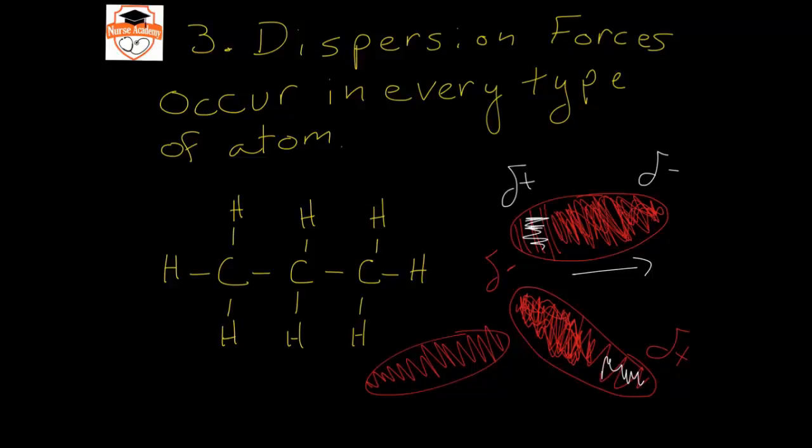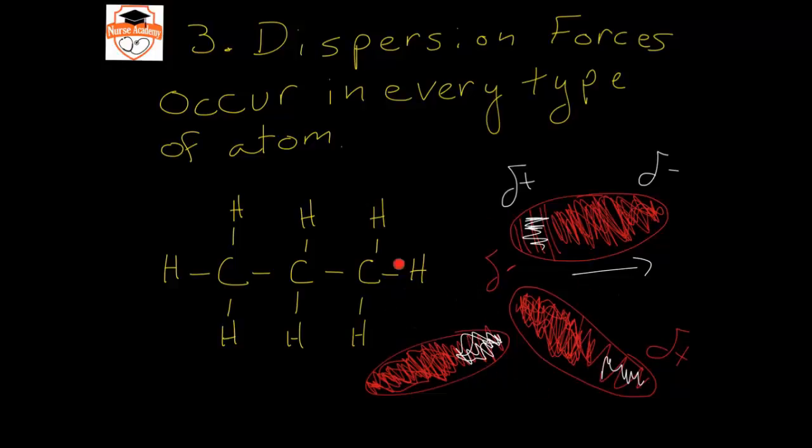Negative charges find other negative charges literally repulsive. This electron density is going to go more away from those electrons. It's going to leave a hole over here, which it finds attractive to this negative charge, and so on and so on. And this is how we get these dispersion forces occurring. And they will suddenly all disappear and go away as if they weren't there, and another set of dispersion forces will propagate throughout molecules.